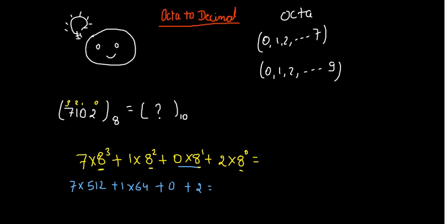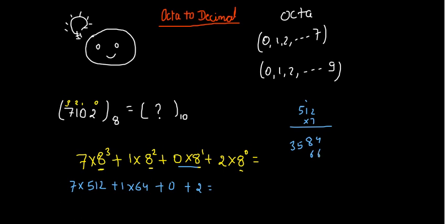I have not done any calculations yet, so let's do it together. 512 multiplied by 7 is 3584. Plus 66.